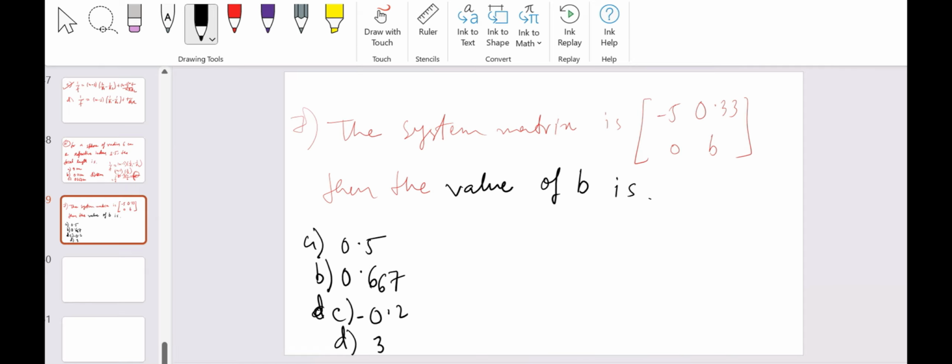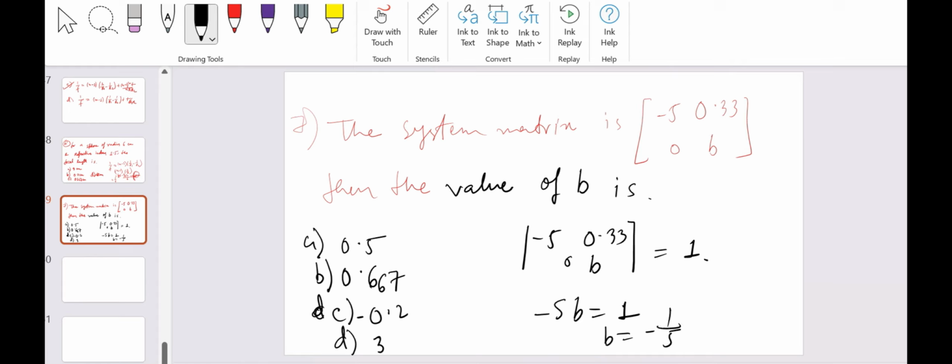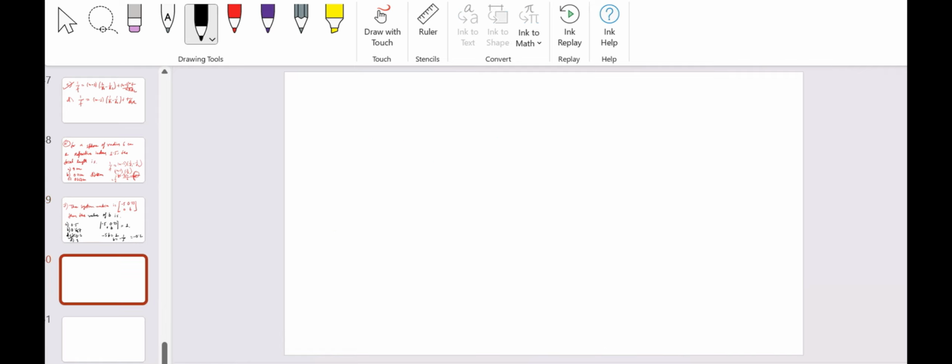So the value of b, because the determinant of this will be 1. So minus 5b equal to 1, so b equal to minus 1 by 5. So that will be minus 0.2. So that is the answer.